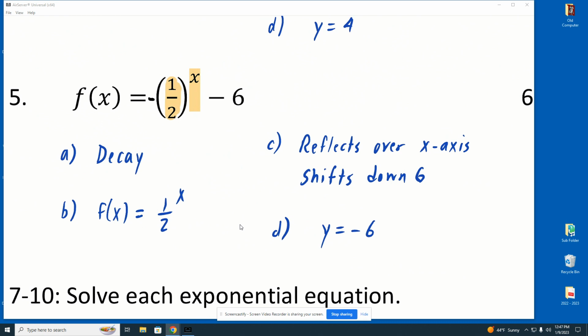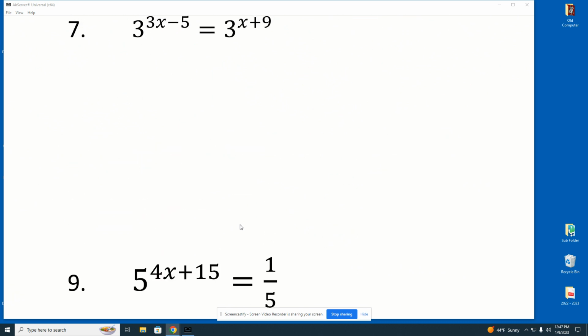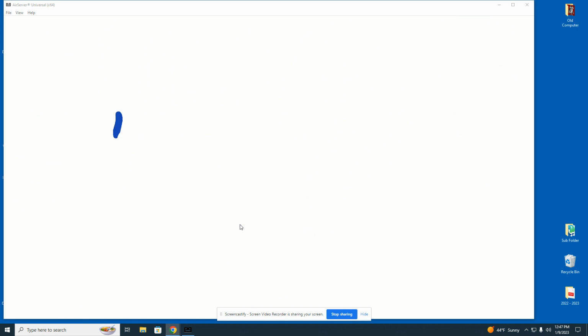But if you write this with a fraction bar, those numbers are connected, so it's saying the whole thing is raised to the x power. The difference would have to be written like 1 to the x over 2. Does that make sense?